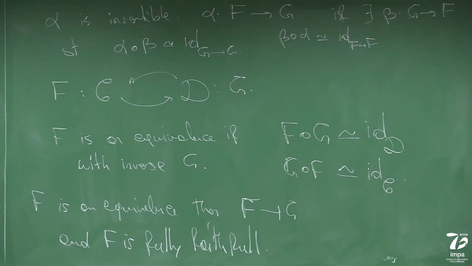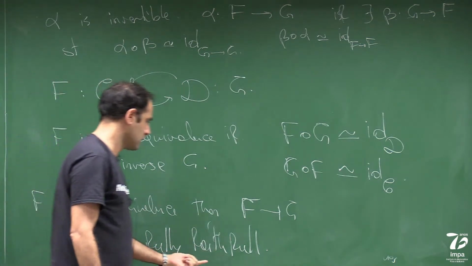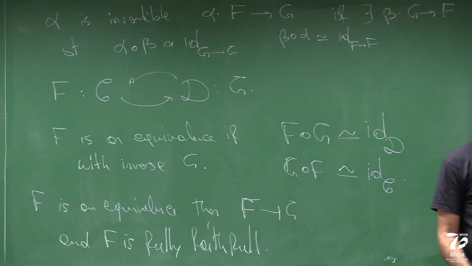So let's check this thing. Let's check something stronger, perhaps. You cannot have an equivalence if your functor is not fully faithful. That's one of the first obstructions to a functor being an equivalence: whether or not it's full and whether or not it's faithful.